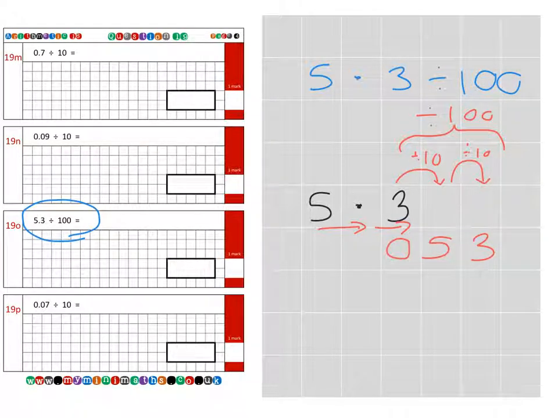And then the empty gaps can be filled with zeros. So we have a final answer of 0.053.